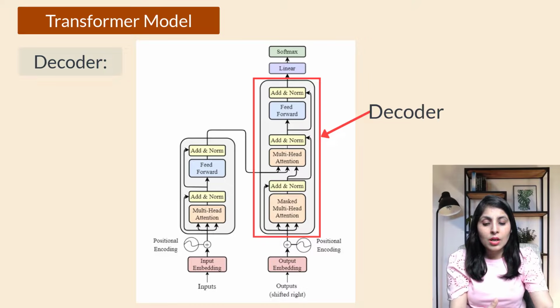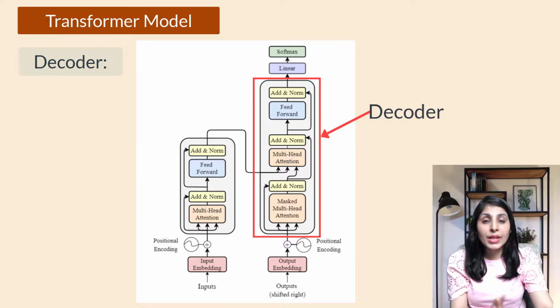Okay, decoder repeats these steps iteratively and generates one word at a time until the desired output sequence is produced. Okay, and by using this self-attention, masked self-attention and feed-forward neural network, the decoder in the transformer model can effectively generate output sequences based on the information received from the encoder.